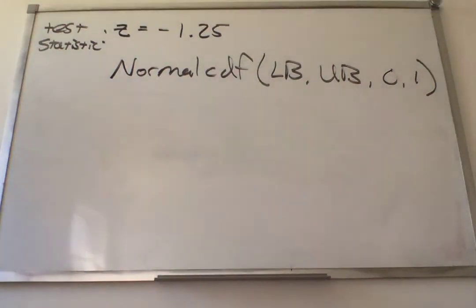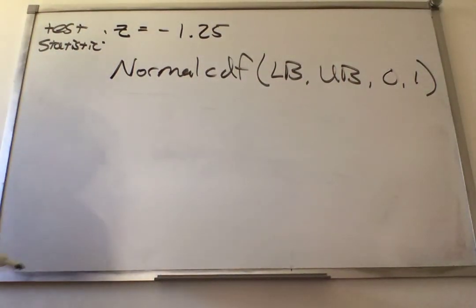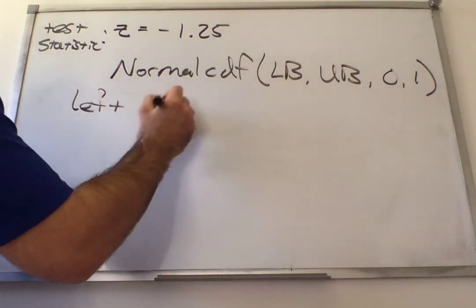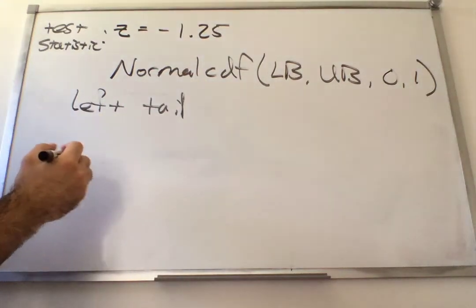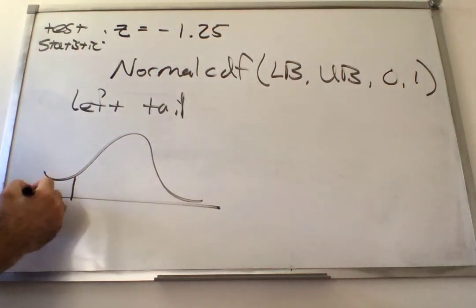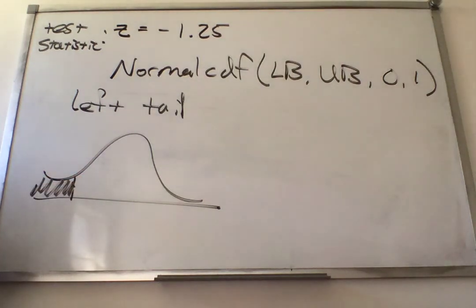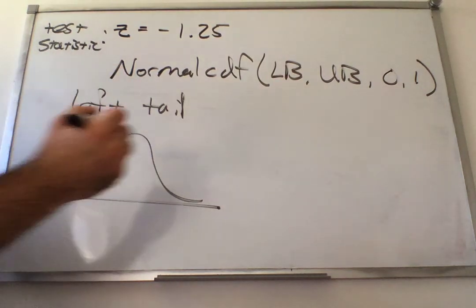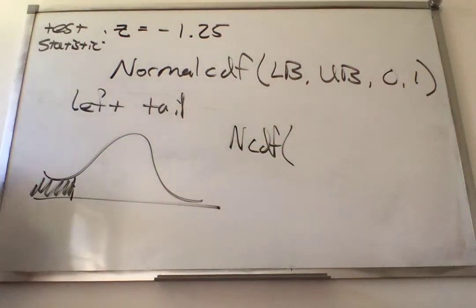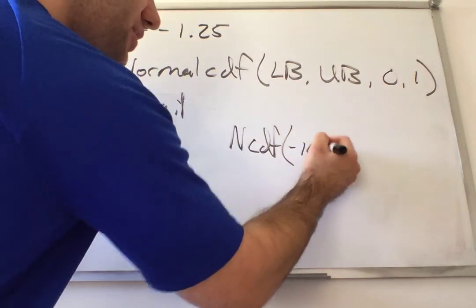Alright, so now it depends if it's a left tail, right tail, or two-tail test. Let's look at a left tail. So if I were to draw my distribution, I want the area over here in this left tail. So what I can do is normal CDF, NCDF, just shortening it, my lower bound is all the way over here, so a really large negative number.